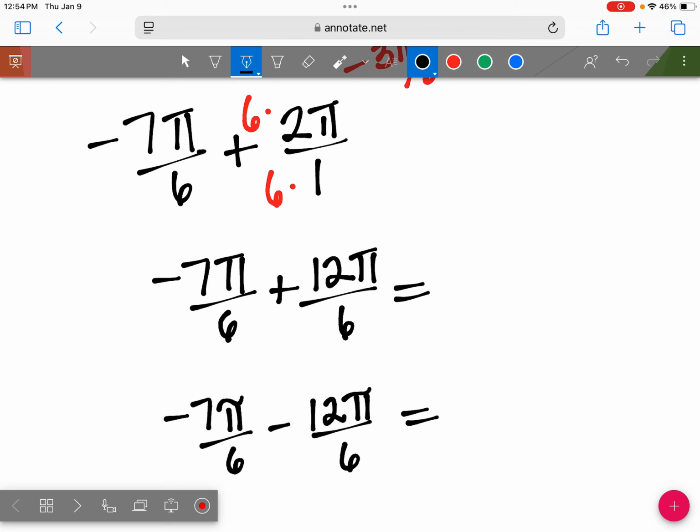That's 360 degrees. So you're adding and subtracting 360 degrees. But in radians, that's equivalent to 2 pi. Yeah, you gotta get a common denominator.